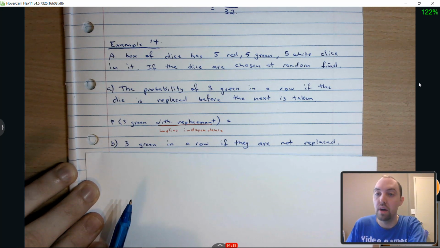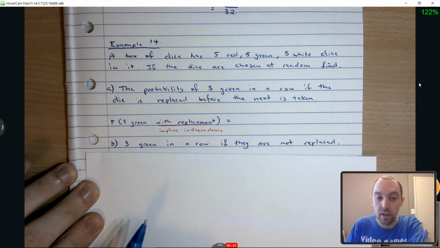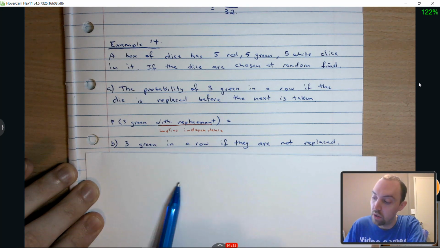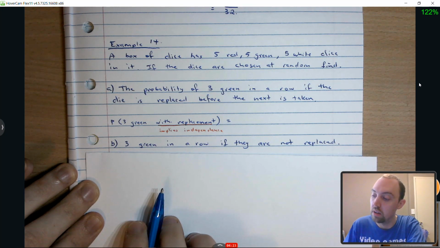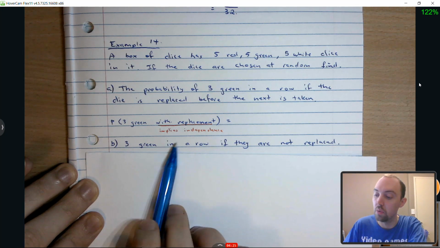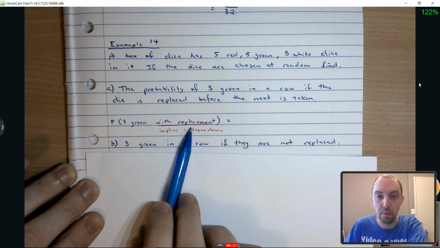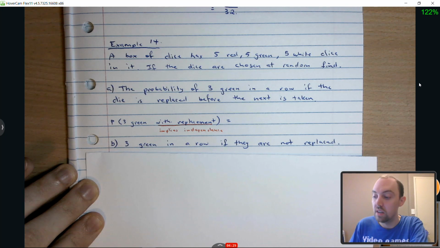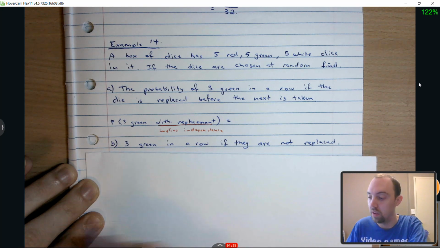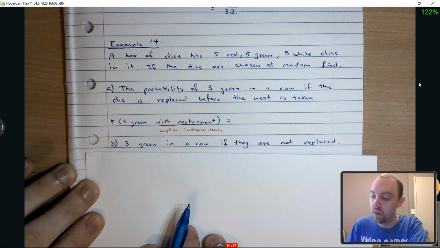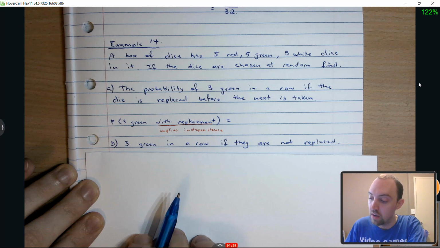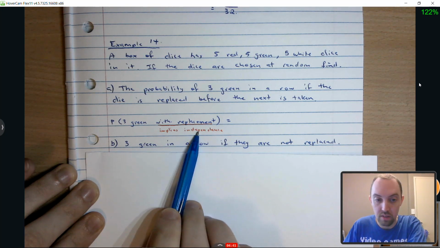Okay, last example here, we're going to look at a box of dice that has 5 red, 5 green, and 5 white dice. If the dice are chosen at random, find the probability of 3 green in a row if the die is replaced before the next is taken. With that replacement, the probability of getting that next dice doesn't change, because there's going to be 15 dice and 5 of each color. So we've got independence here.